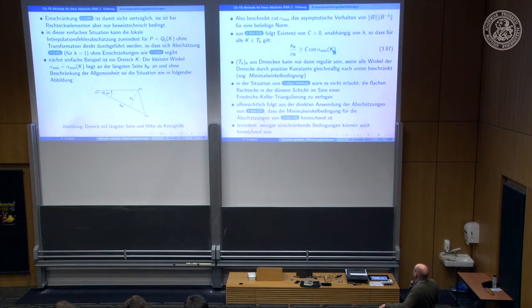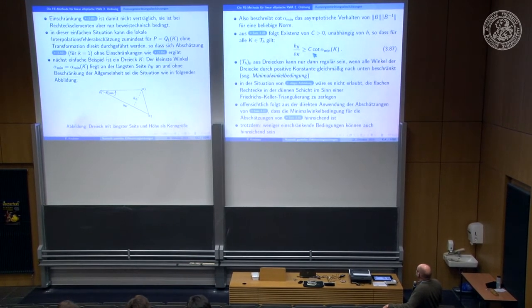First of all, the minimal angle: it just means that we have to stay away from 0 with the angle, because the cotangent has its asymptote, its singularity at 0. So that's a requirement on the smallness of the smallest angle. You have to have a uniform lower bound for the smallest angle.